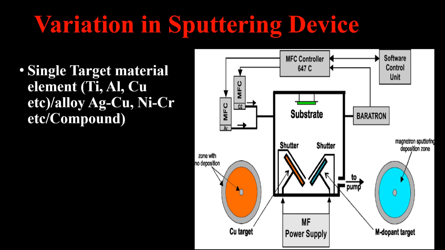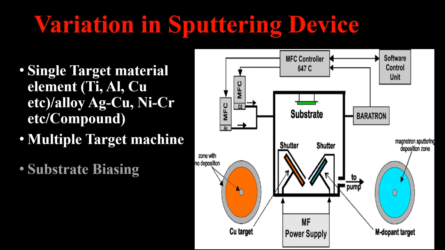Okay, so in summary, there could be a single target source material in the sputtering devices, but there could be multi-target sources inside these sputtering apparatuses.